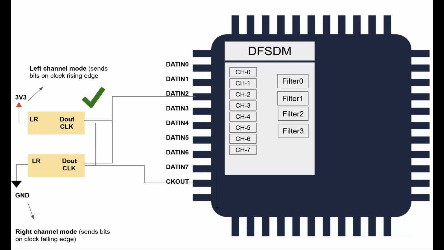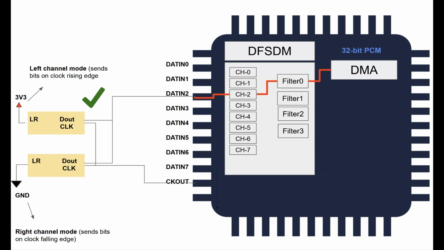First, our PDM microphone signal will flow into DFSDM channel 2. We will configure the channel to trigger on the rising edge of the clock. From there, the data goes into filter 0, where we will set up the filter parameters in just a moment. To reduce the load on the MCU, we will use DMA1.